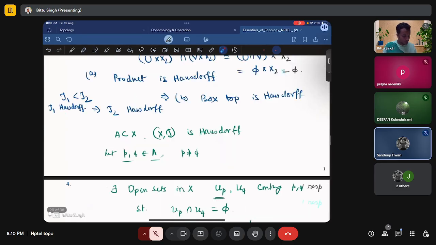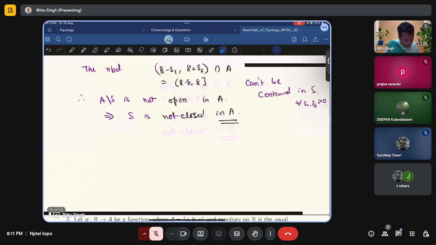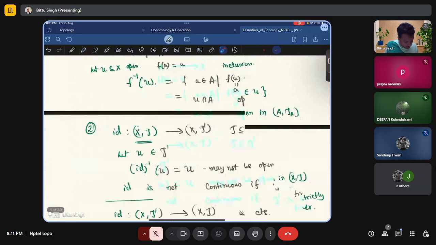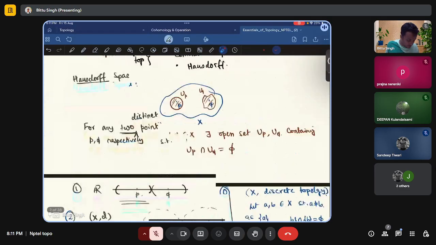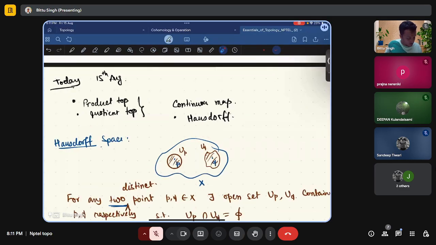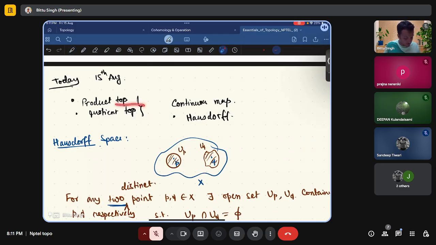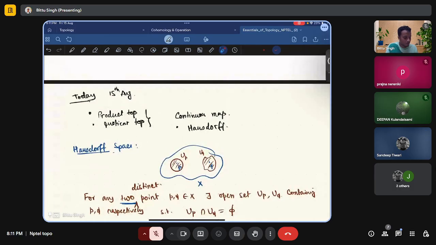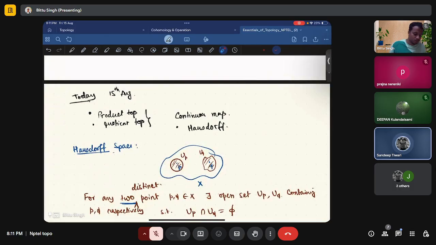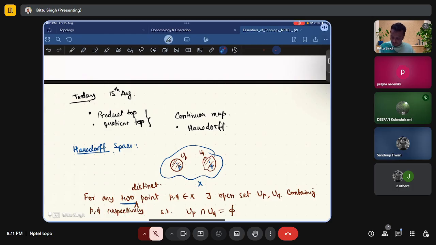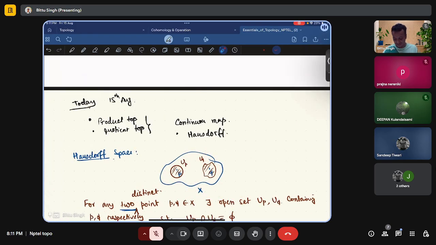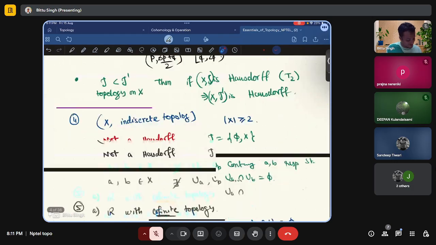Today I have only discussed product topology. So we'll discuss quotient topology in the next lecture, because it will take some time, at least 30 minutes, and also there are lots of questions.